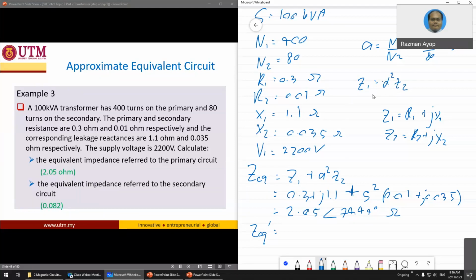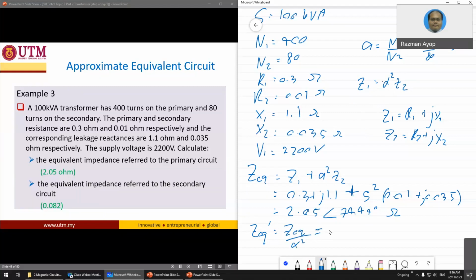So Z2 is basically ZEQ divided by alpha squared.